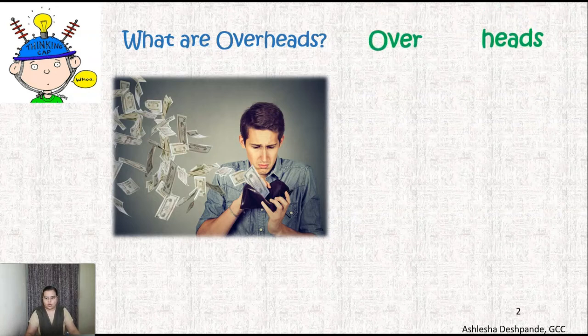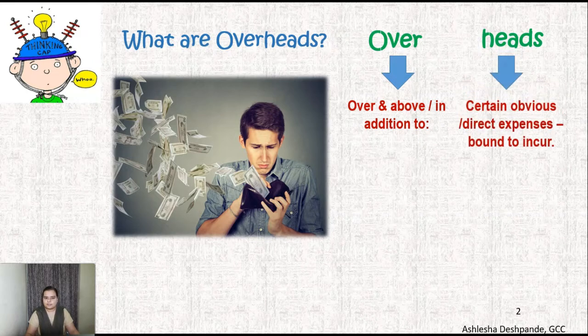Overheads. Over can be referred to as expenses or costs that are incurred over and above or in addition to something. What is this something? This something are certain obvious expenses or direct expenses which are bound to incur. So any further expenses over and above these direct expenses can be termed together as overheads.